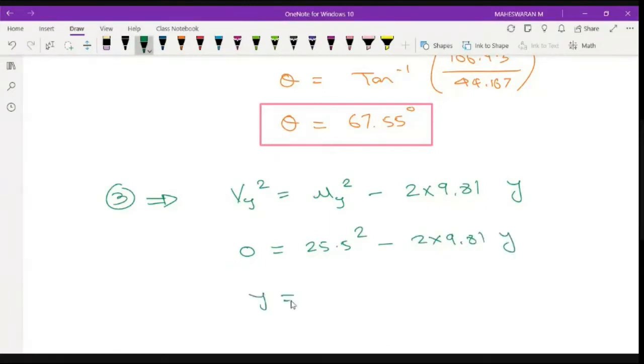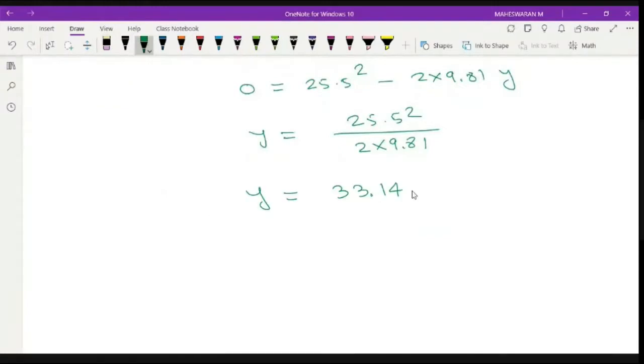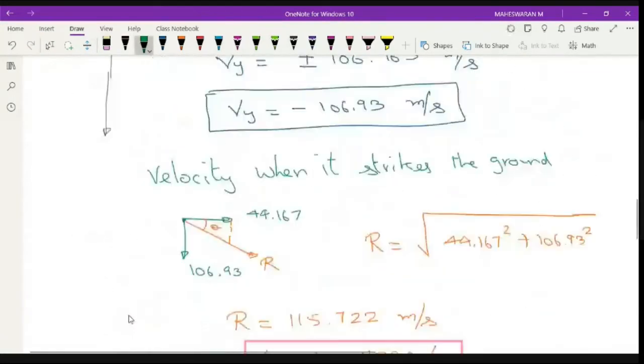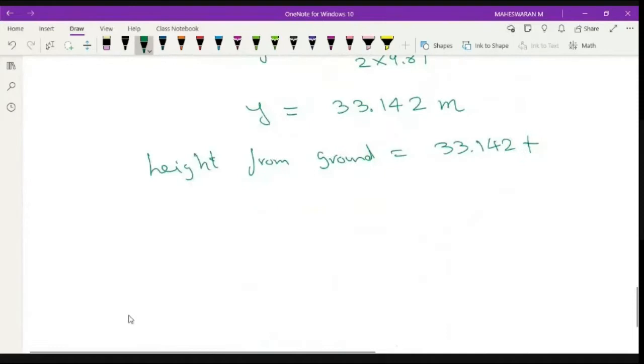So can you identify what is the y value? 25.5 the whole square divided by 2 into 9.8. What is your y value? Okay, 33.142 meter. So which means height from ground is 33.142 plus the height of the hill, which is 550, right?